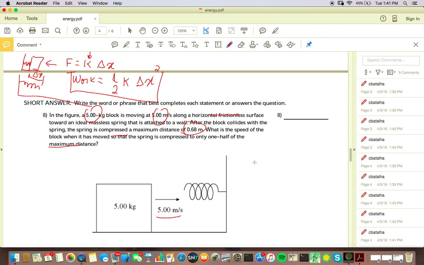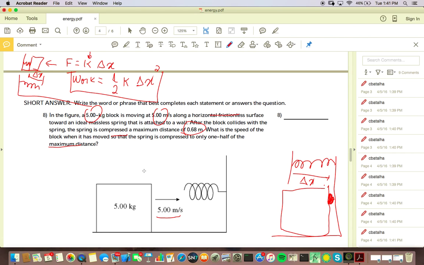Given the speed of the block, let me try to redo this problem here. The spring is going to be compressed to a maximum position, and you could call this distance here del x, the maximum possible compression.